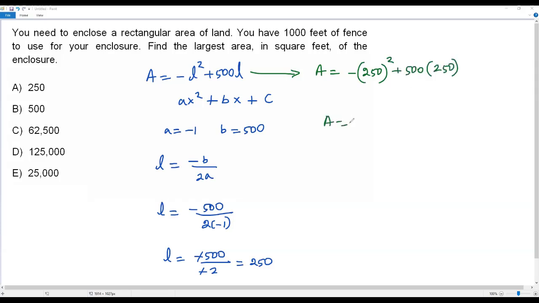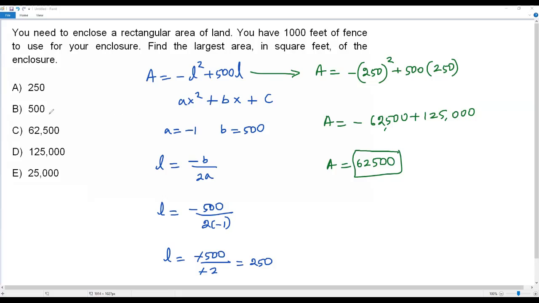The square of 250 is 62,500, so we have negative 62,500, and multiplying 500 and 250 gives 125,000. Simplifying negative 62,500 and positive 125,000, I get A equals 62,500. So this is the largest area of the rectangular land.